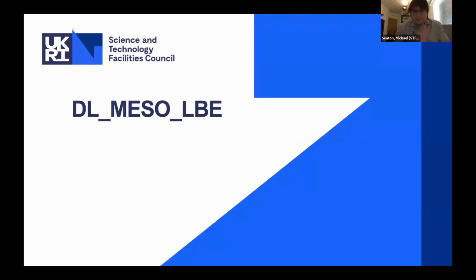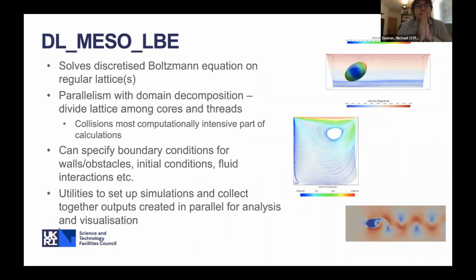So the lattice Boltzmann code in DL_MESO, in essence, solves a discretized Boltzmann equation on at least one regular lattice. It's parallelized basically with domain decomposition, and you can divide the lattice among processor cores, but also among threads, making the point that the collisions are the most computationally intensive part of the calculations.